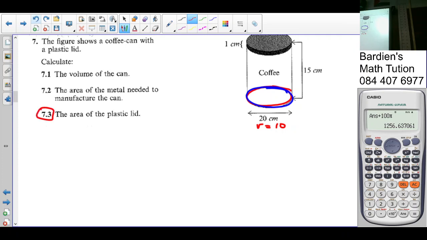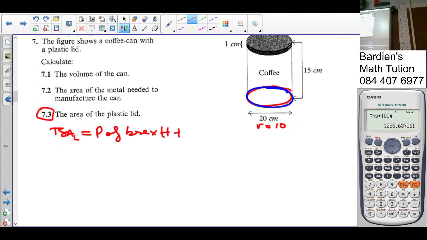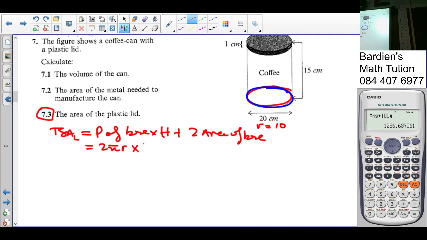So in other words, your total surface area of the lid, plastic lid, is going to be perimeter of base times height plus twice area of base. So if you look at this lid in particular, perimeter of a circle, 2 pi r times the depth plus, the lid will not have a base.